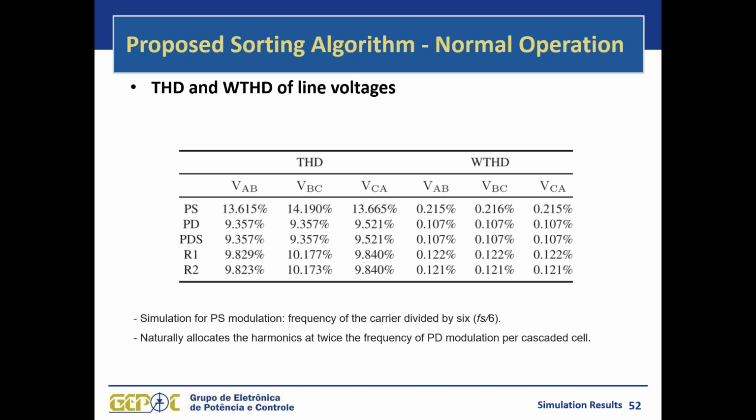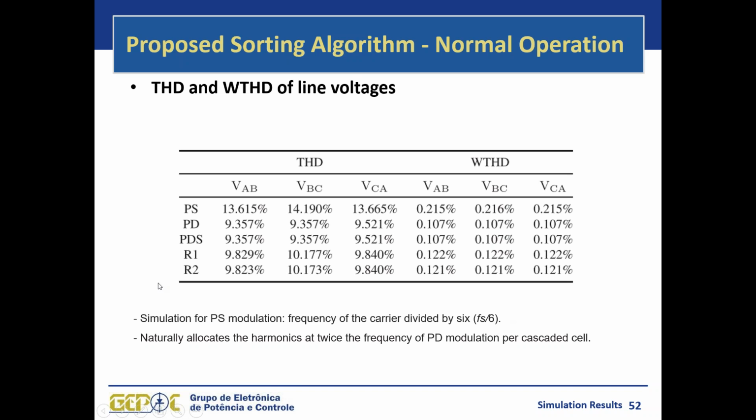We also present here some comparisons regarding the THD and weighted THD for the output line-to-line voltages, for the 4 phase disposition strategies, and also for the phase shift. For the phase shift, we have implemented this strategy with a carrier frequency divided by 6, so that we can have the first harmonics at the same position, and we have a fair comparison among all the strategies.